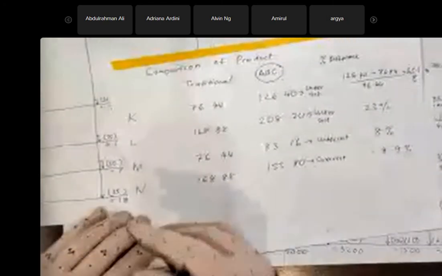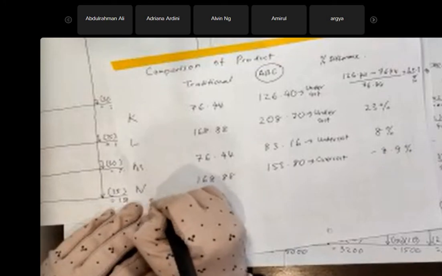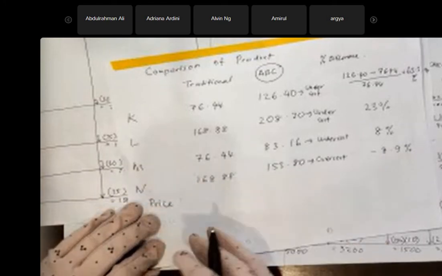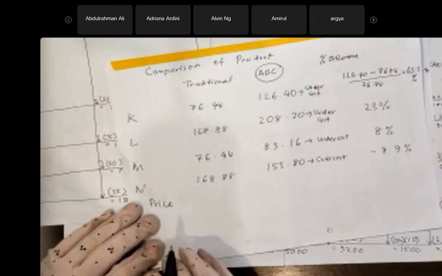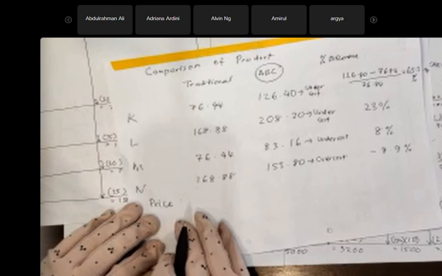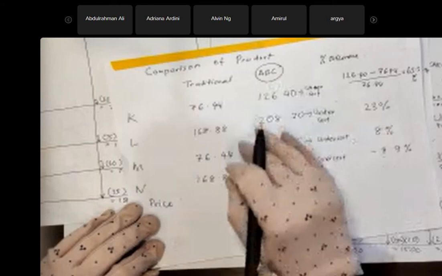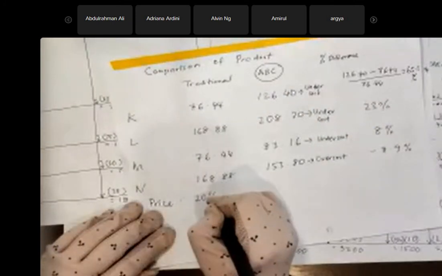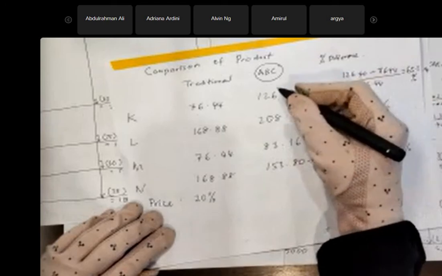If the question is about the price, because sometimes you can calculate the price of the product. This one is the cost. But if they mention that the price will be 20% on top of the cost of the product, what is the price for each product?